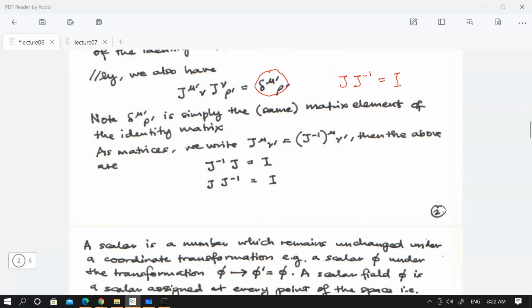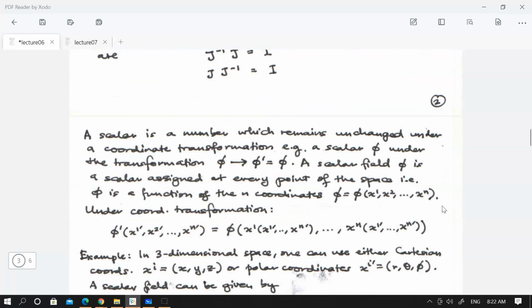This is the thing I mentioned just now. Now we have not actually described the things that we wanted to see in this particular lecture, which is the scalar and vector. Well, a scalar, as you probably learned it differently in high school, you just say it's a number kind of thing. But really what it describes is a quantity that doesn't change under change of reference frames or change of coordinates.